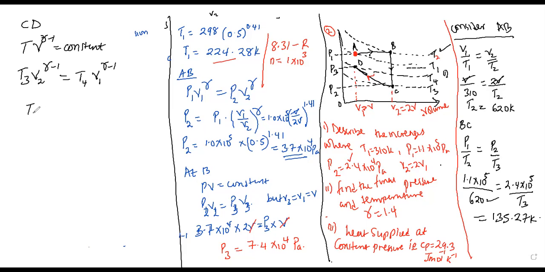This can make T4 the subject, which is T3 into V2 over V1 power gamma minus 1, whereby T3 we have already attained as 135.27 times 2V over V power 1.4 minus 1. And you press the calculator to find T4.